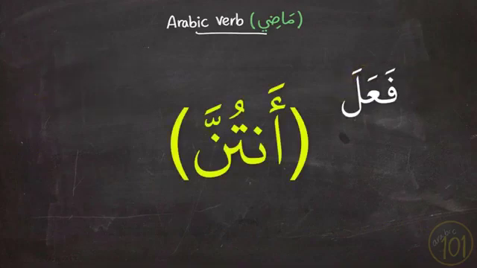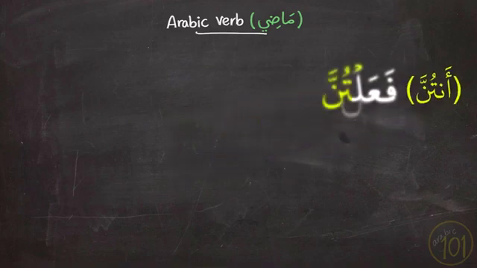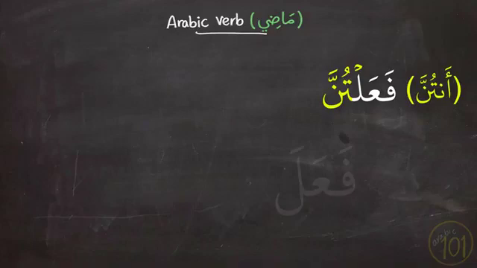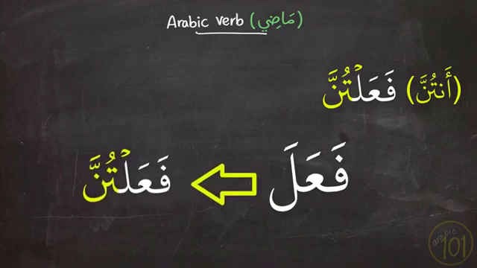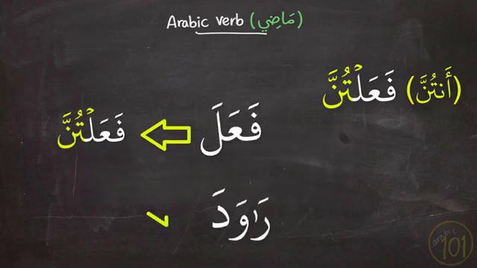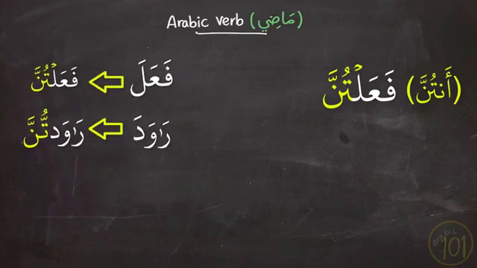And finally, the conjugation of antunna, which is the feminine form of أنتم. And it will also be translated in English into you. And for this conjugation, you're going to add tunna to the end of the verb. And before it, you will have sukun. So, فعل will turn into فعلتن. راود would turn into راودتن.